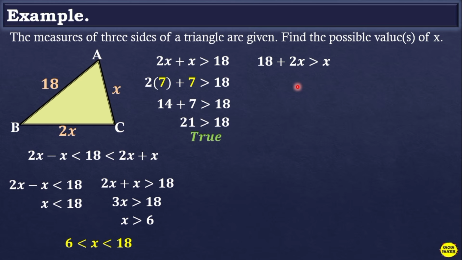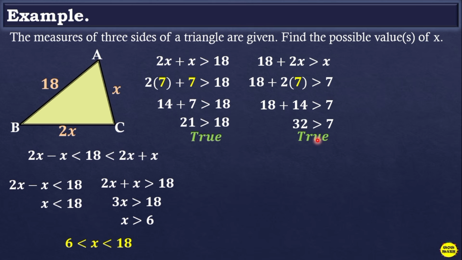So, substitute natin dito si 7. So, 18 plus 2 times 7. We have 18 plus 14 is greater than 7. And this is 32 is greater than 7. And this is true.